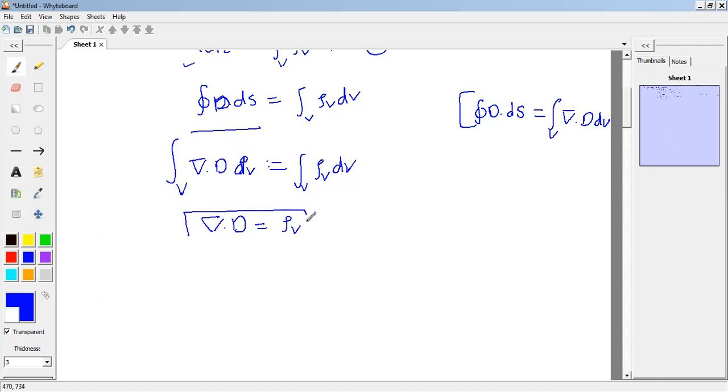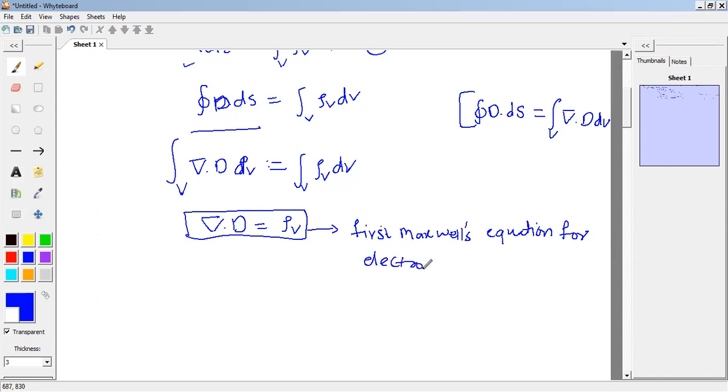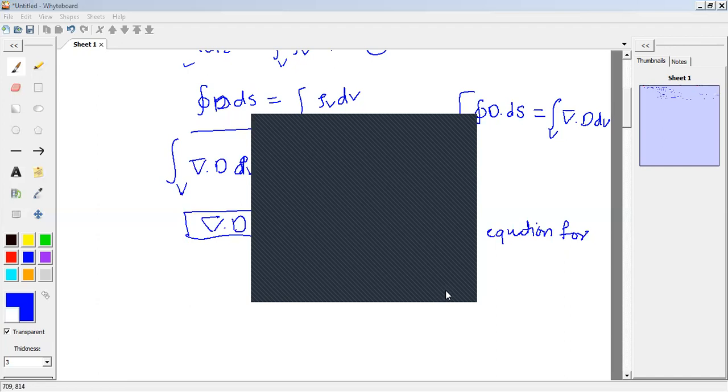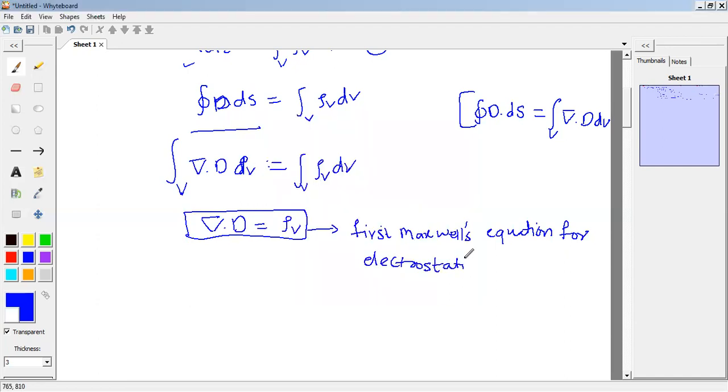This is the first Maxwell's equation for the electrostatic field: del dot D equal to rho v.